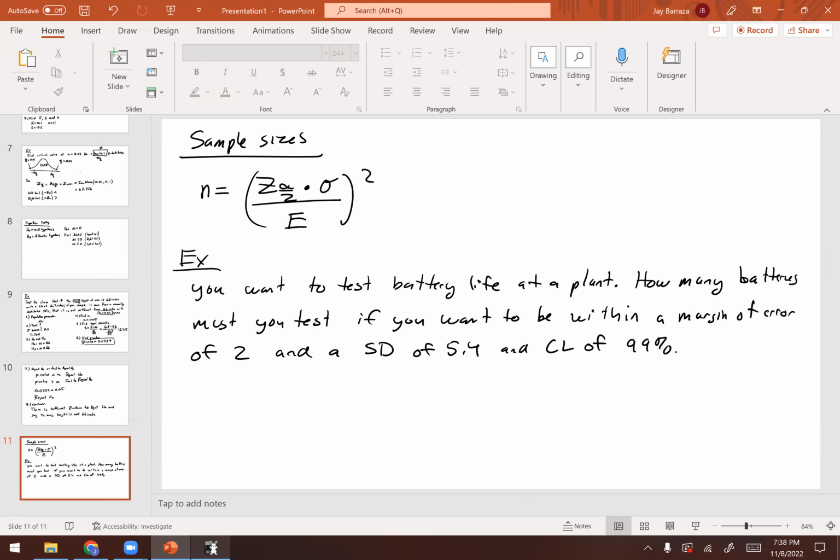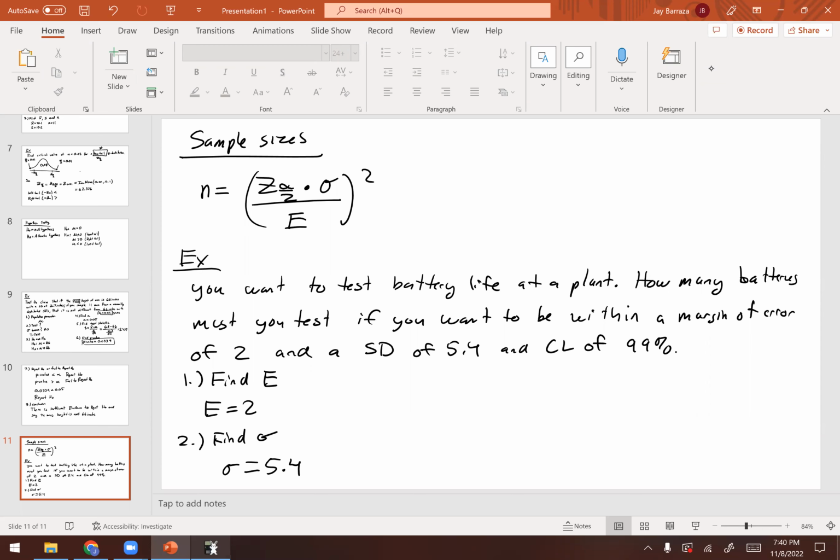So step 1, find E. Look for margin of error, it says 2. Step 2, find sigma. Sigma equals 5.4.